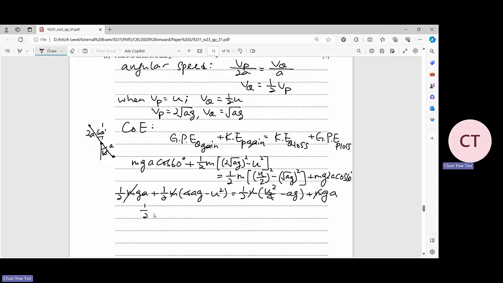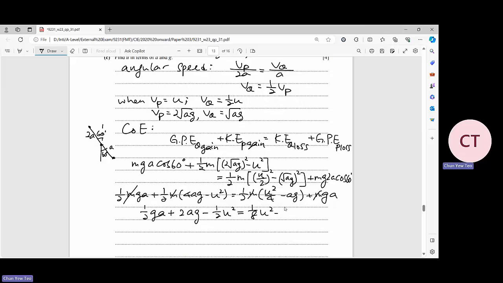I have half ga plus 2ag, 2ag and 2ga are the same. 1 over 8 U squared minus half ag plus ag. Okay, so we join together. You get this one as 5 over 8 U squared, and all the ag join together.